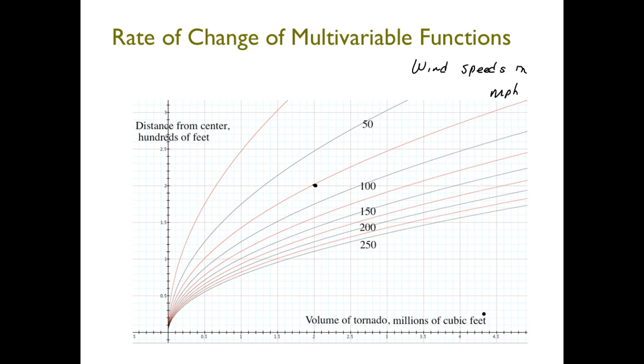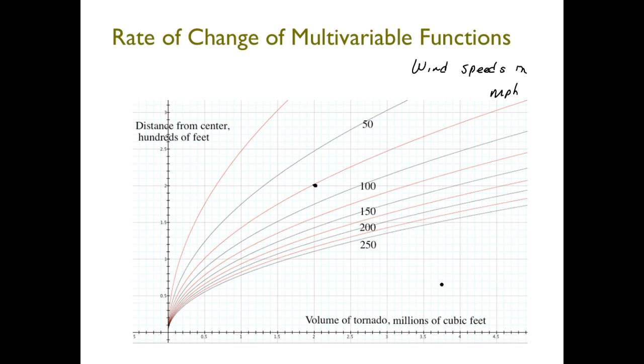Yeah, exactly. So the independent variables are size and distance from the center. When you have a 2 million cubic feet tornado and you're 200 feet from the center, the wind speed is just a little bit greater than 75, but we're just estimating, so perfect.